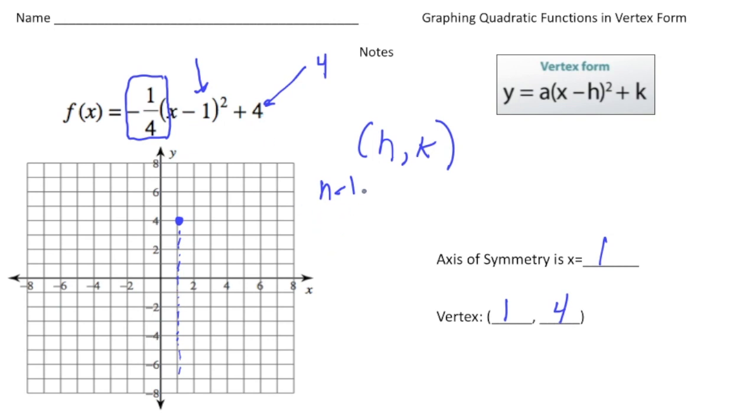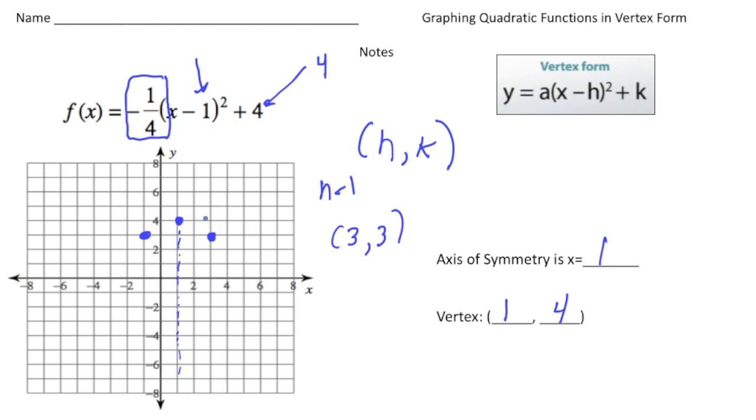So when x is 3, y is also 3. So I can go over here to 3, and then 1, 2, 3. And because I know for a fact that this point is 2 away from the line of symmetry, I can put another point 2 away on the other side, like that.